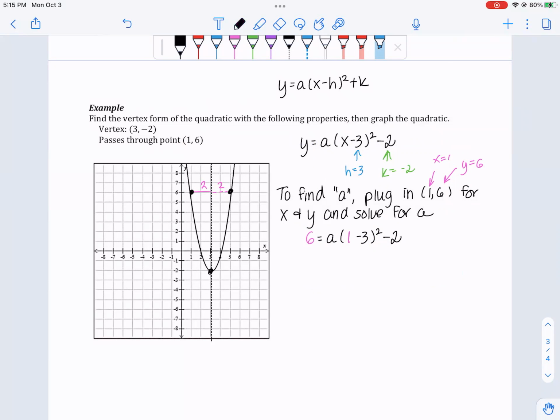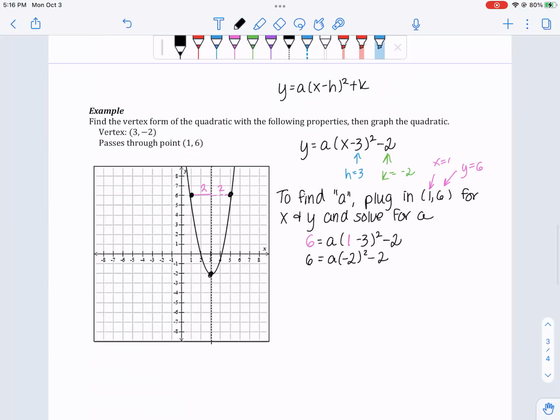Now it's just algebra to solve for a. 6 is equal to a times negative 2 squared minus 2. I'm going to add 2 to both sides. 8 is equal to, negative 2 squared is 4, 8 is equal to 4a. Divide by 4 on both sides, and you'll get that 2 is equal to a.